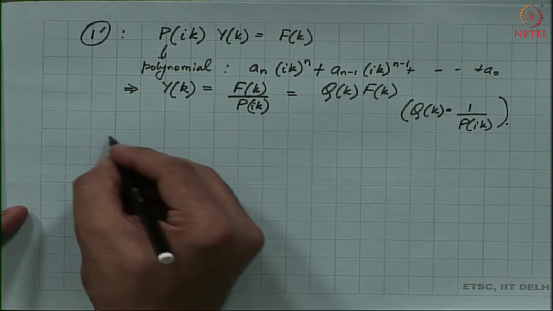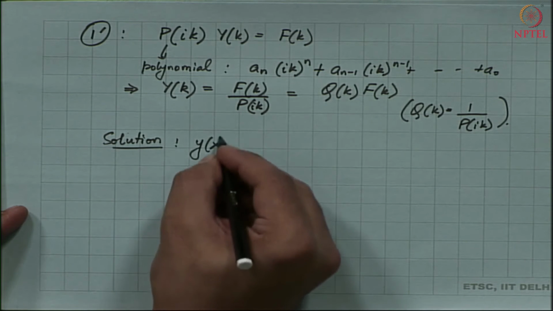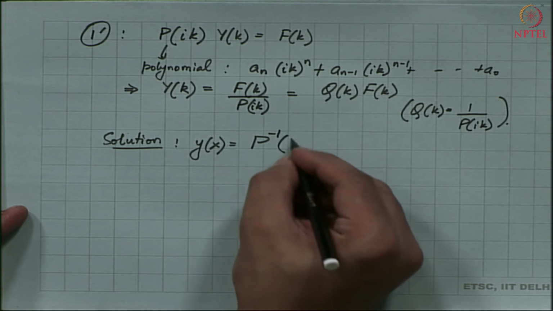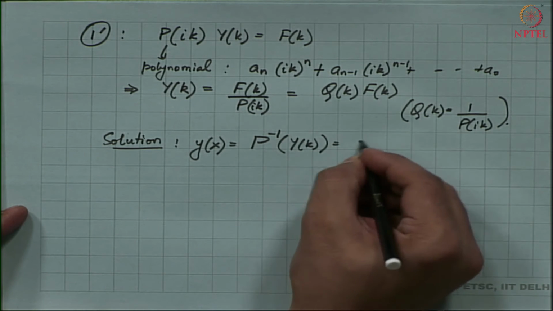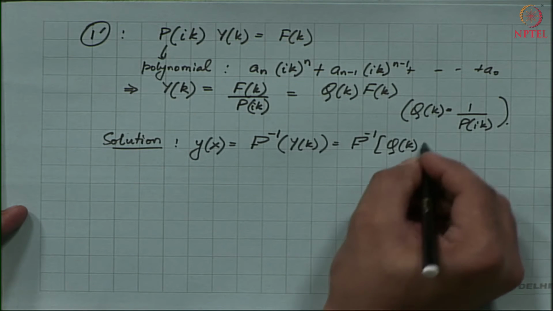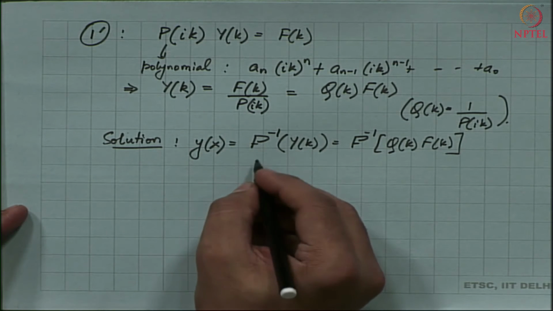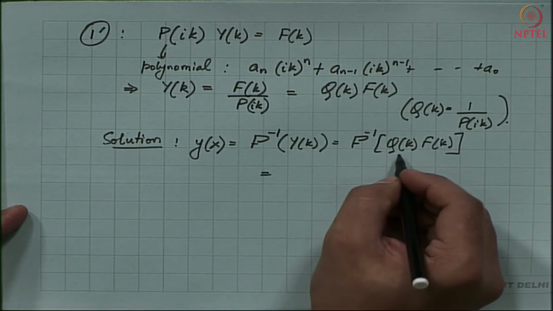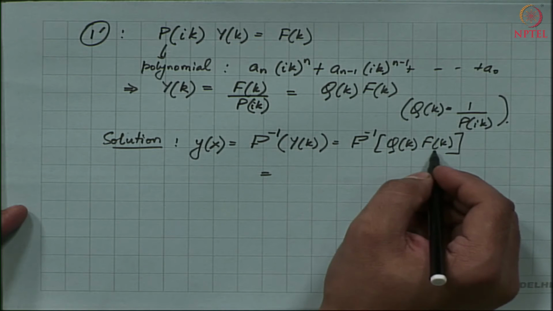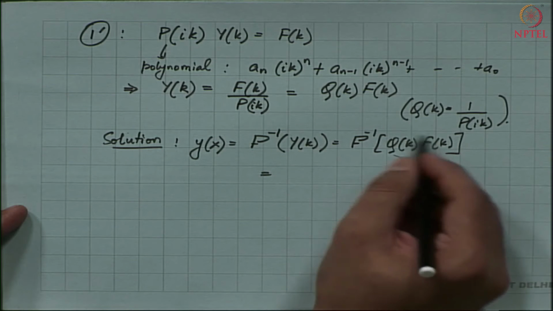Okay, so then the solution to the ODE is given by y of x, which is also equal to the inverse Fourier transform of Y(k), which is nothing but the inverse Fourier transform of Q(k) times F(k). So that will lead to the expression. We see that inside the argument of this inverse transform, I have a product of two Fourier transforms, which means that in the physical plane this must be the convolution of the corresponding two functions.